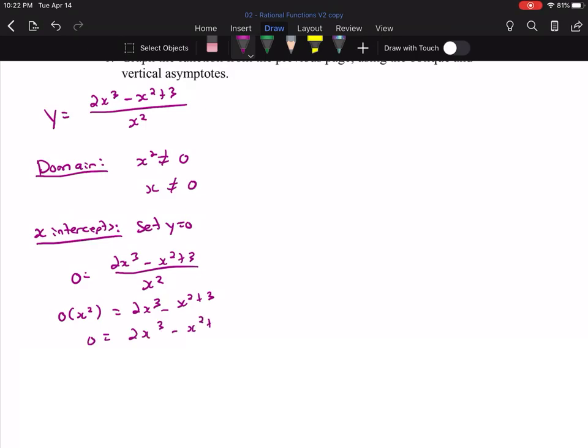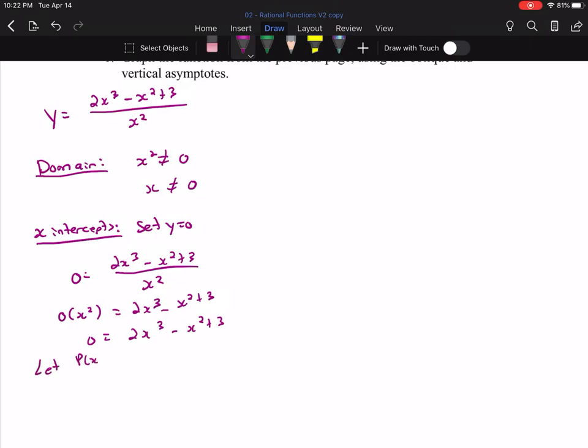So as you get better at these, you may find that you want to skip that step and just go 0 equals the numerator when you're finding x-intercepts. Now this thing, solving for when this is equal to 0.